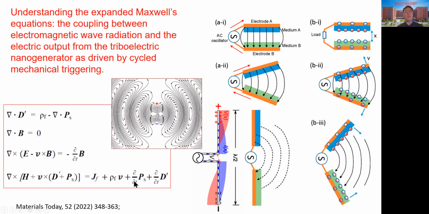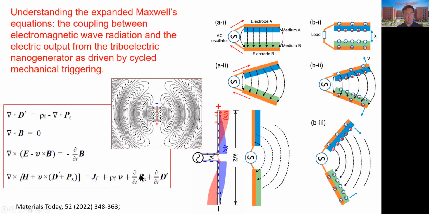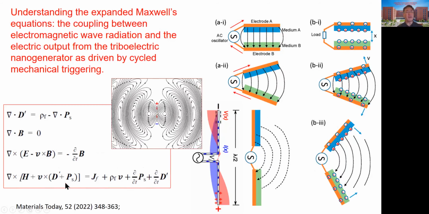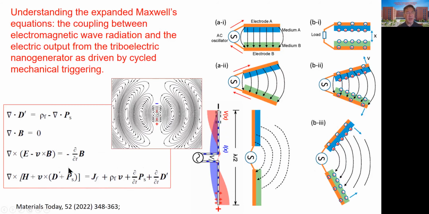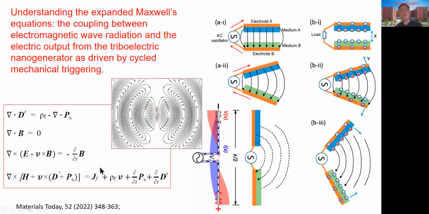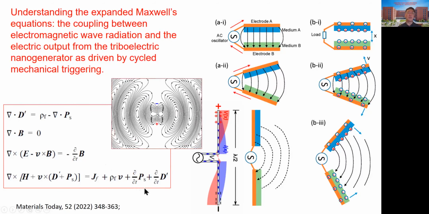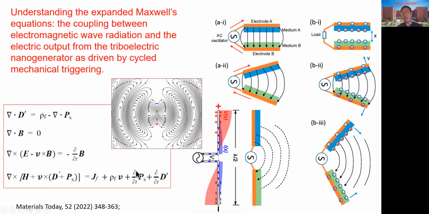So medium motion can produce a source of current. Medium motion can give a correction to the field observed. So medium motion can generate electromagnetic waves. Medium motion can also be a way of power generation, which displaces the current you observed. So all these things can be included here.